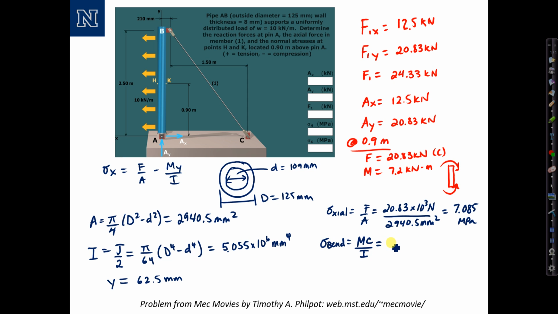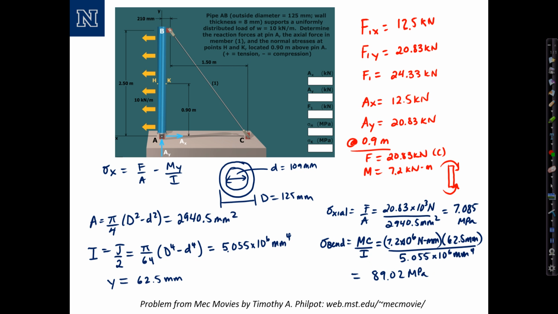That is equal to the moment, 7.2, times 10 to the sixth to convert from kilonewton meters to newton millimeters, times the C value, 62.5 millimeters, divided by the moment of inertia, 5.055 times 10 to the sixth millimeters to the fourth, which computes to 89.02 megapascals. Finally, we put this together on the last slide.